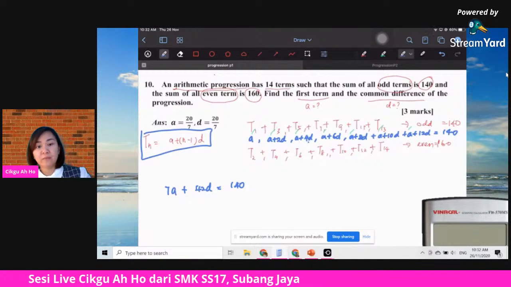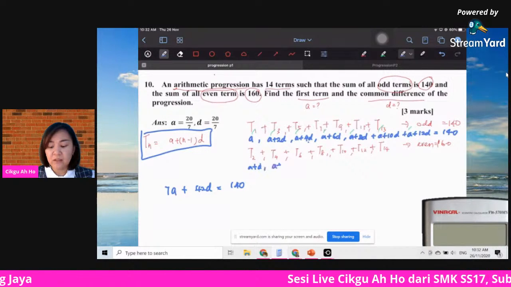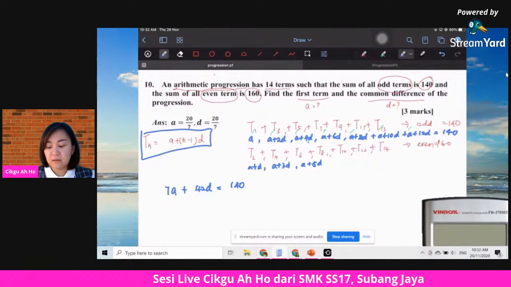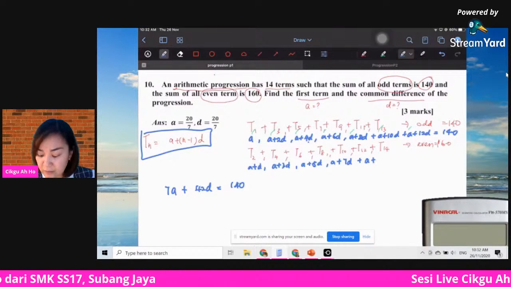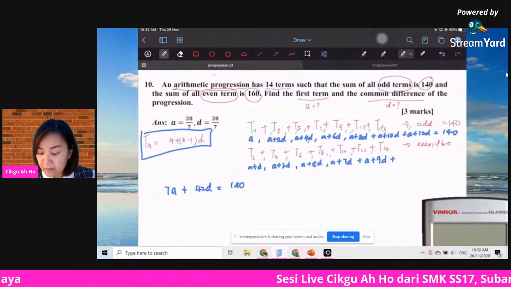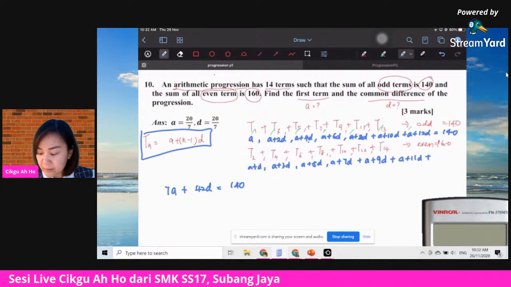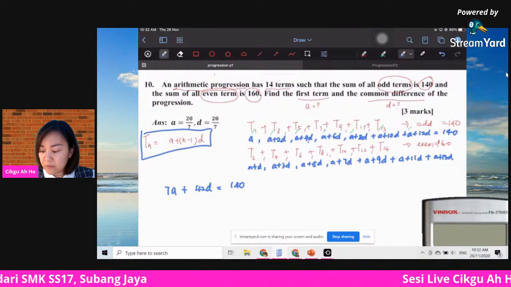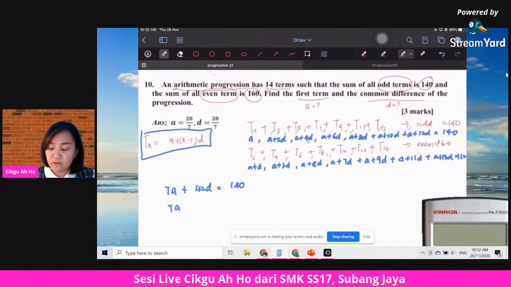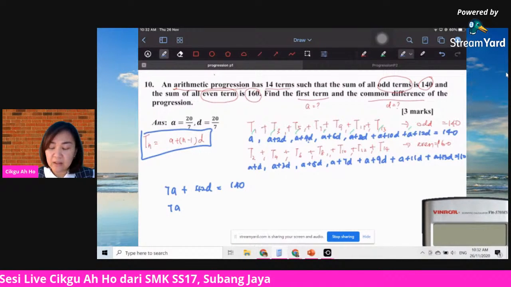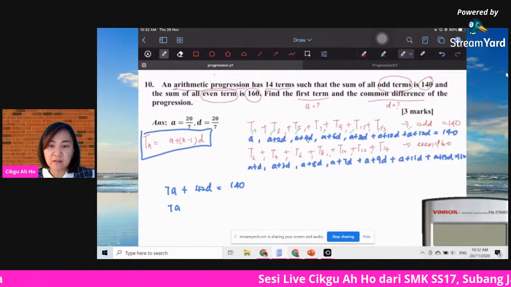How to form the second equation the same way? This is A plus D, A plus 3D, A plus 5D, A plus 7D, A plus 9D, A plus 11D, and A plus 13D, equal to 160. Again sum up: 7A, 1, 2, 3, 4, 5, 6, 7. A is the same, only the number of D is different, because one is odd and one is even.